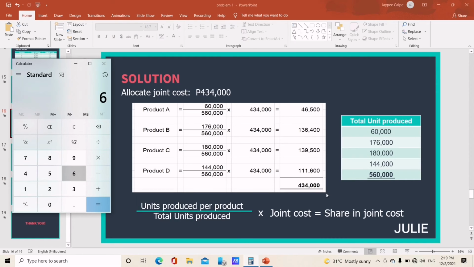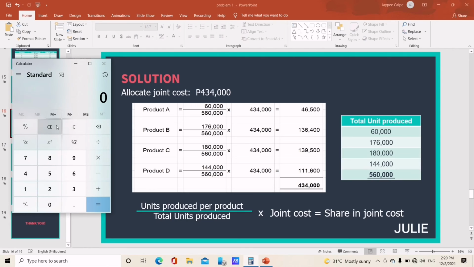For product A, we have 60,000 as the units produced per product. So divide it by 560,000, because that is the overall total of the units produced. So we got the ratio, then multiply it by the joint cost, 434,000. We have 46,500 as share in joint cost.